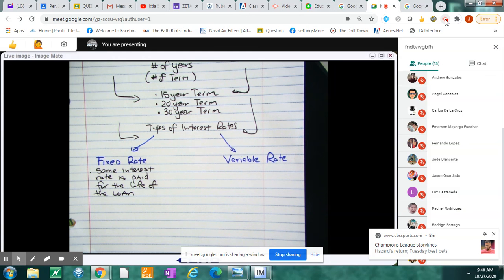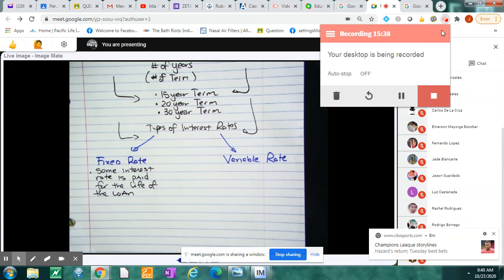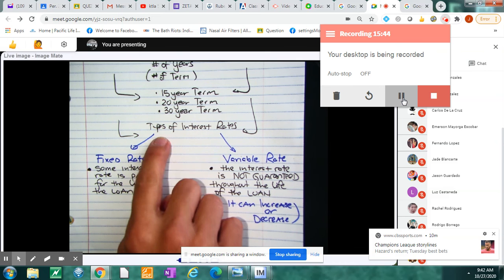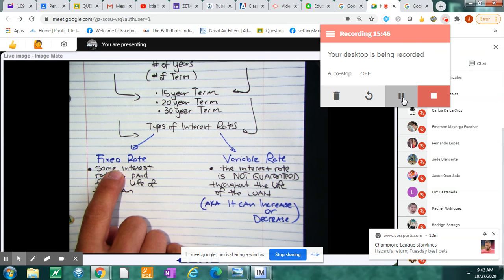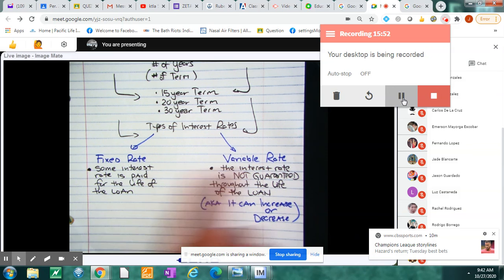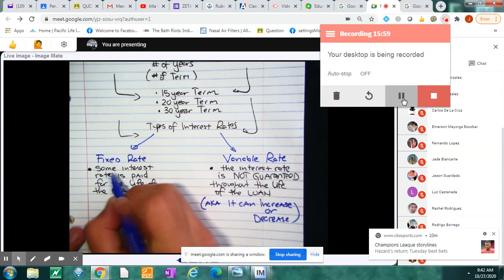Okay, so fixed rate for the life of the loan. So here we have the fixed rate again. There are two types of interest rates: the fixed rate or the variable rate. The fixed rate is when the same interest rate is paid for the life of the loan.